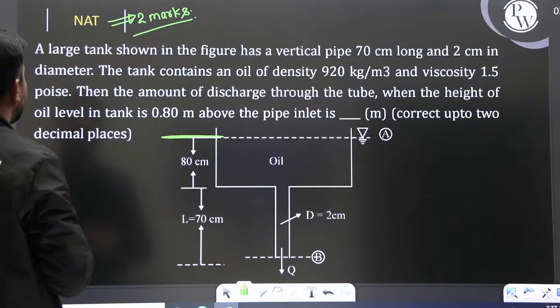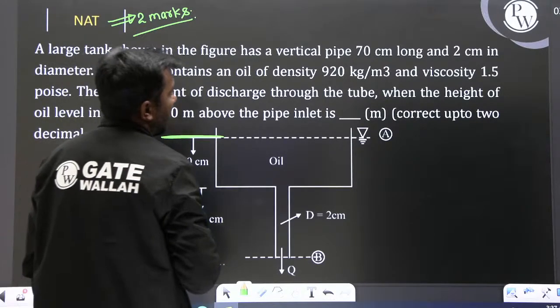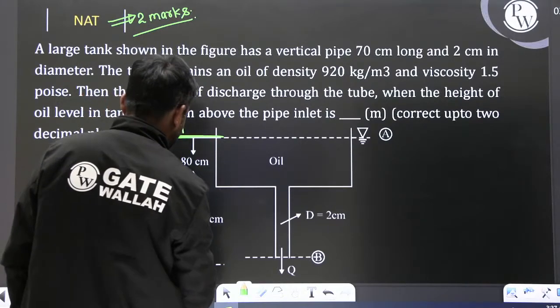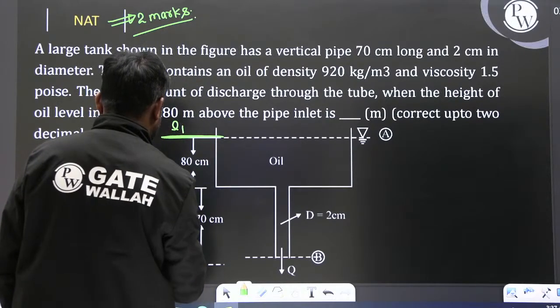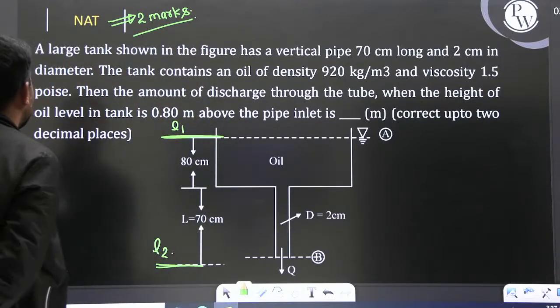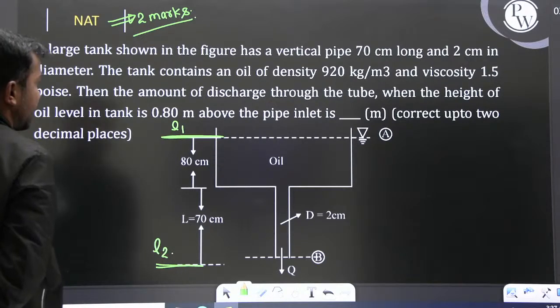We just need to apply energy conservation. Here viscosity is given as 1.5 poise.